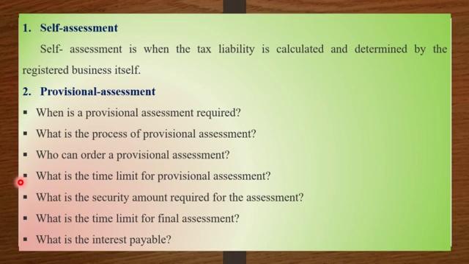Then fifth is, what is the security amount required for the assessment? The assessee should make a bond in a prescribed format with the surety or security of up to 25% of the amount of the bond.